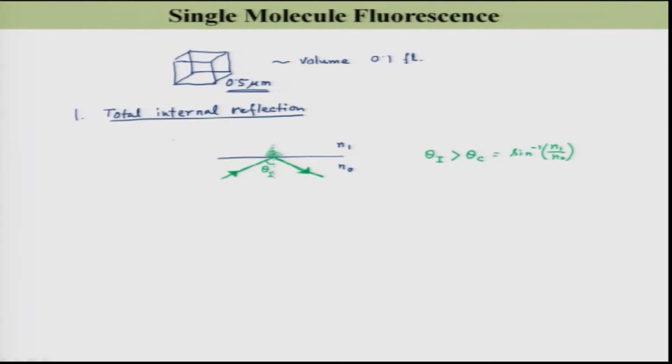A near field standing wave, which is known as the evanescent field, will be generated in the medium with refractive index n1. So, you are going to get a field out of this.